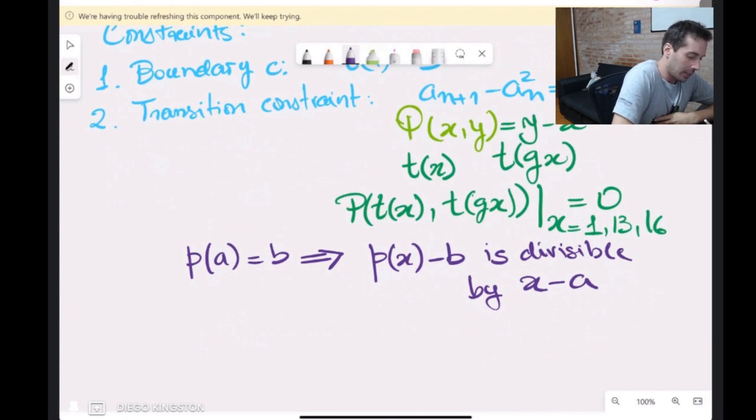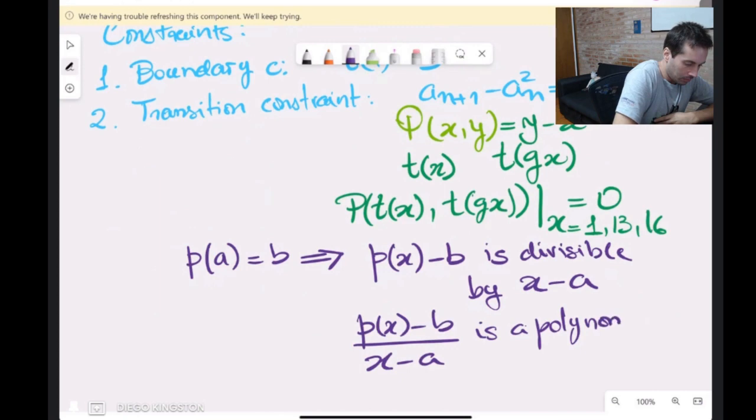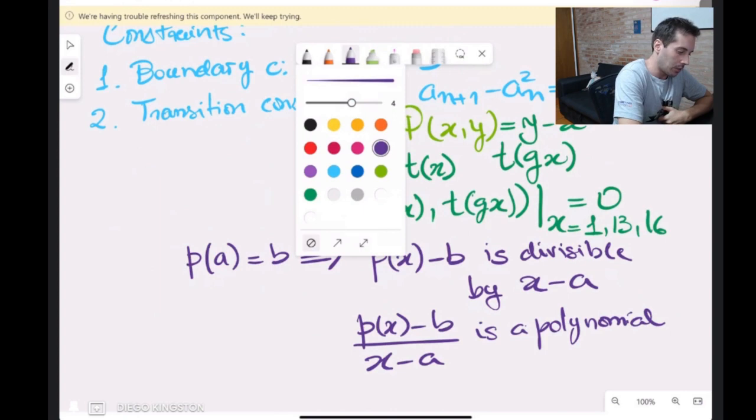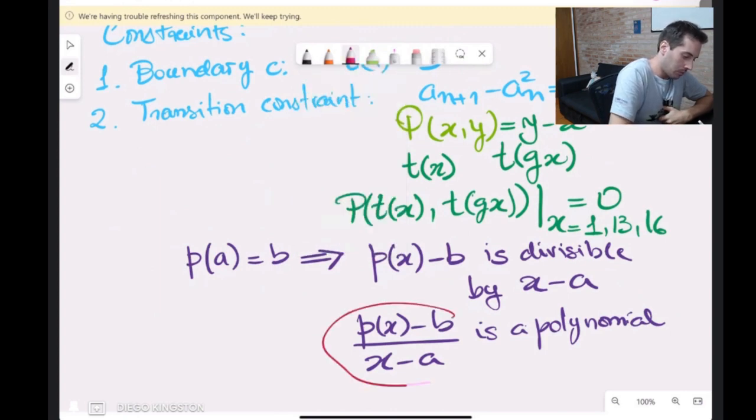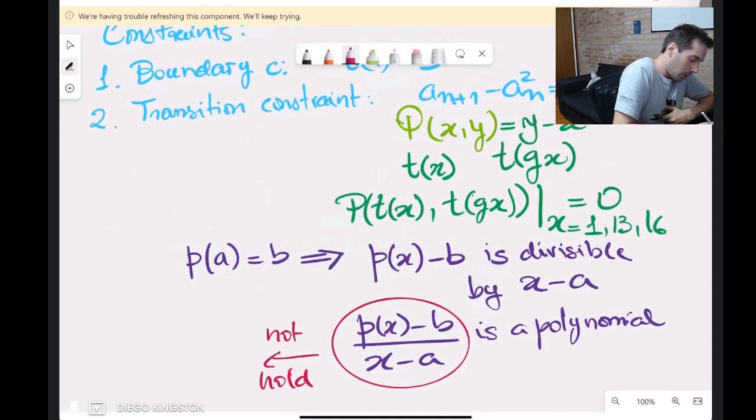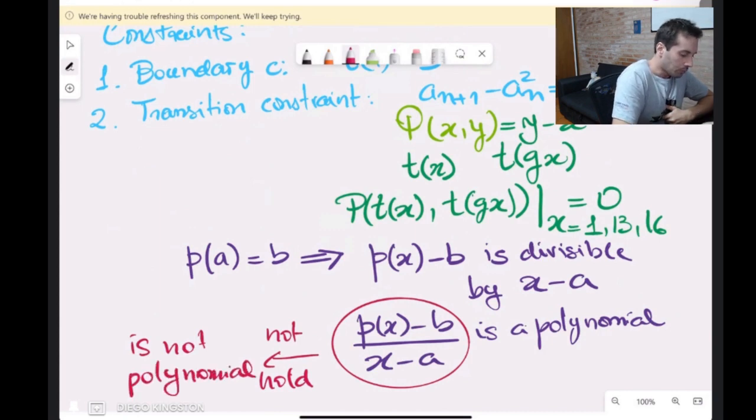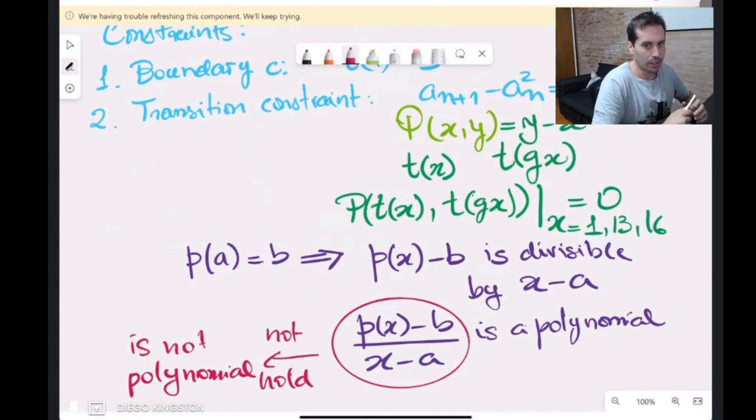Another way of saying it is that p of x minus b divided by x minus a is a polynomial. If the constraint doesn't hold, then this function defined here is not a polynomial. So we will see how to deal with this.